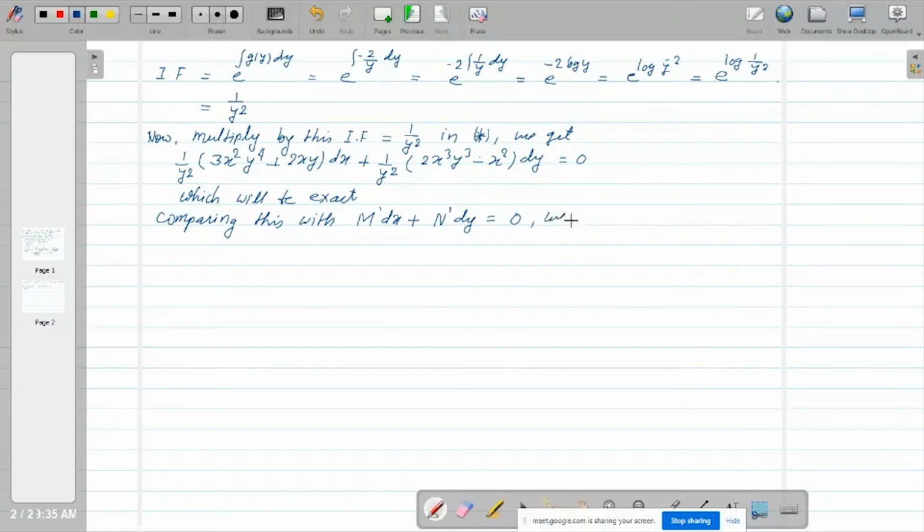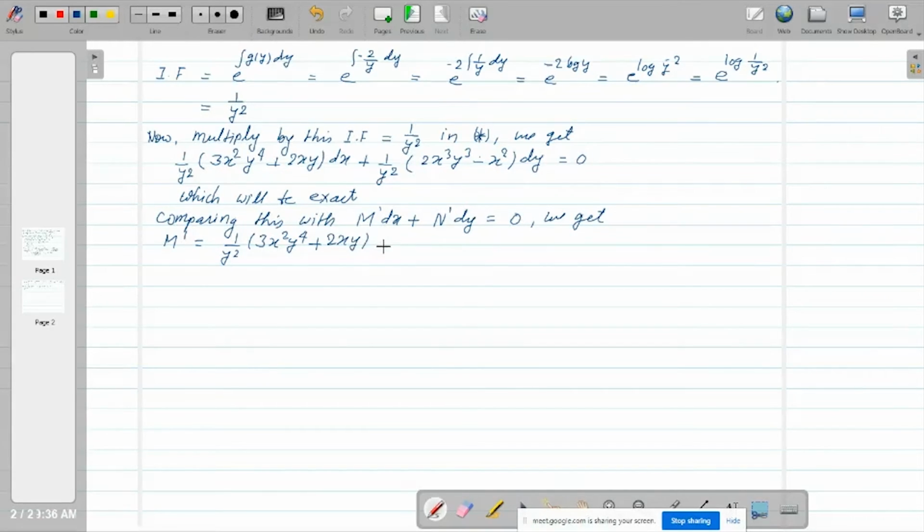We get M dash equal to the first term, that is 1 upon y square into 3x square y to the power 4 plus 2xy.